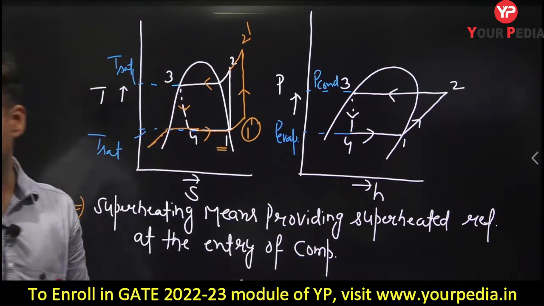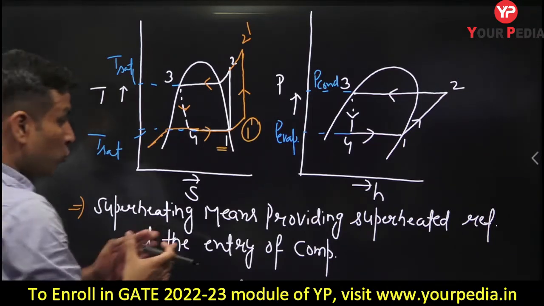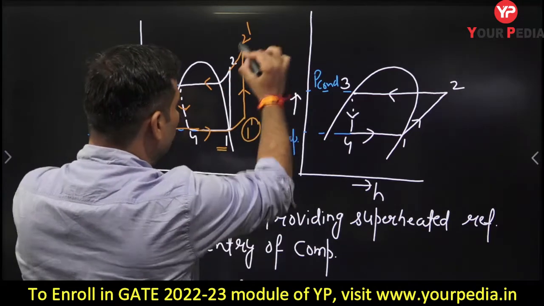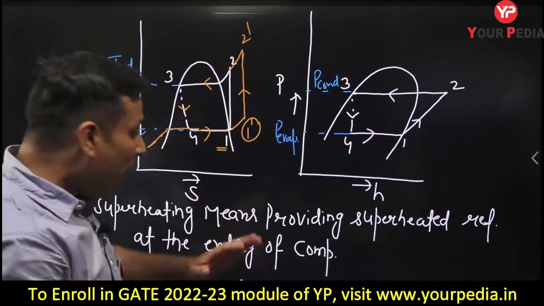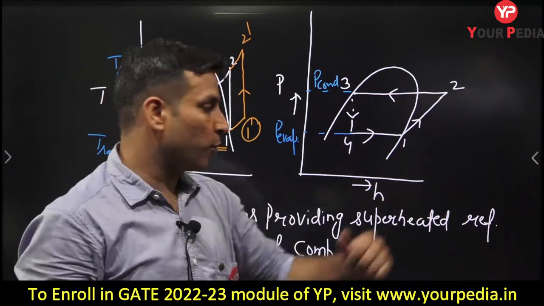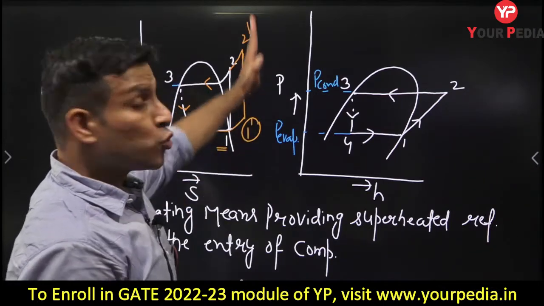If a superheated vapor is entering at the entry of the compressor, that is known as superheating. Superheated, because this region is known as the superheated region, this is the subcooled region, and this is the wet region. Why this superheating is required, that we will discuss, don't worry. In the next slide I will discuss that. So this is actually the superheating.